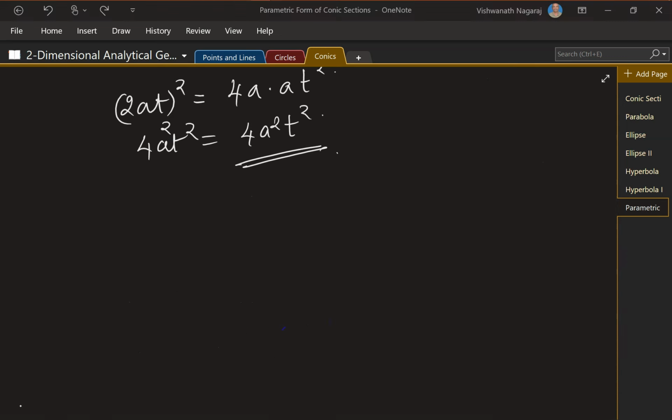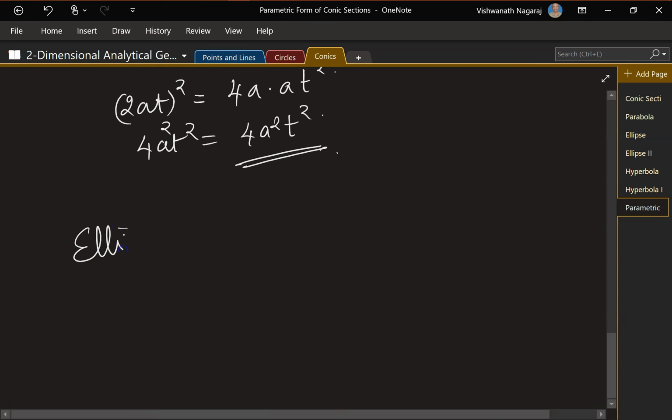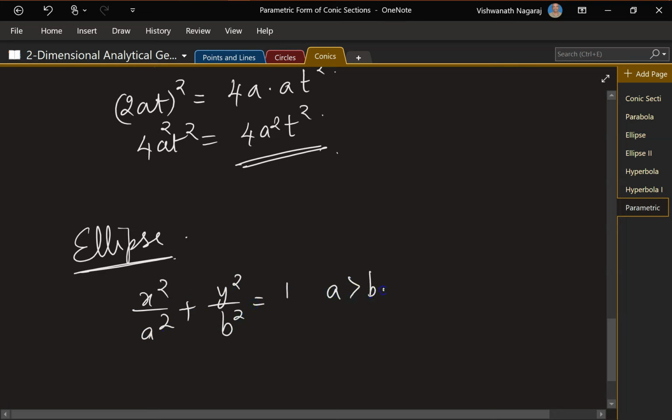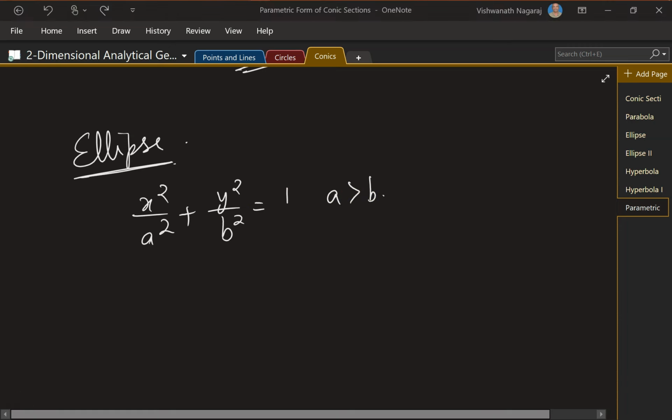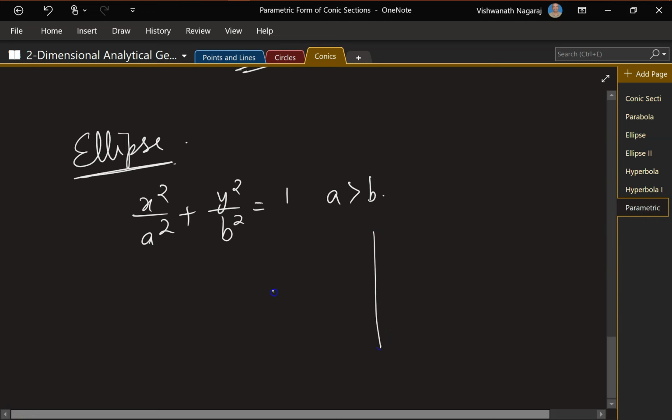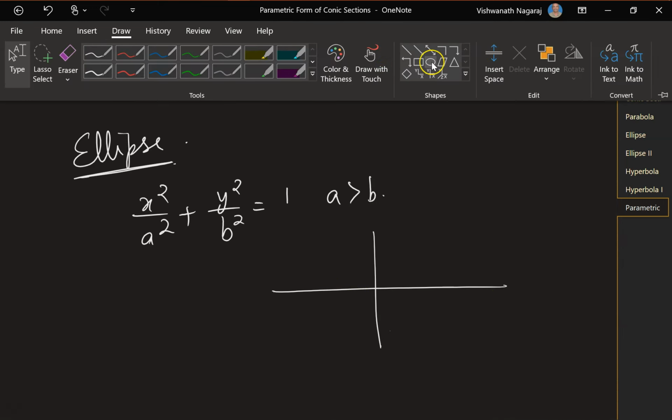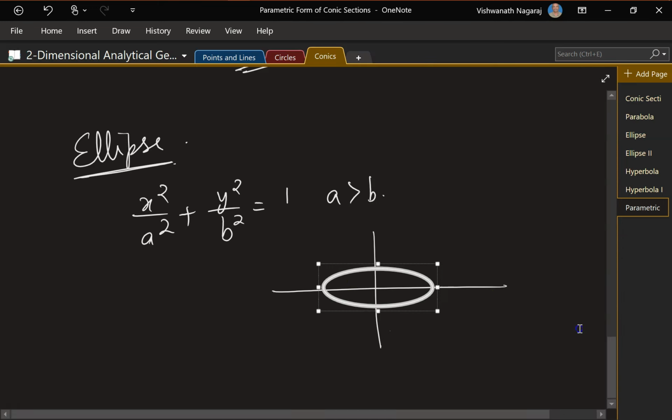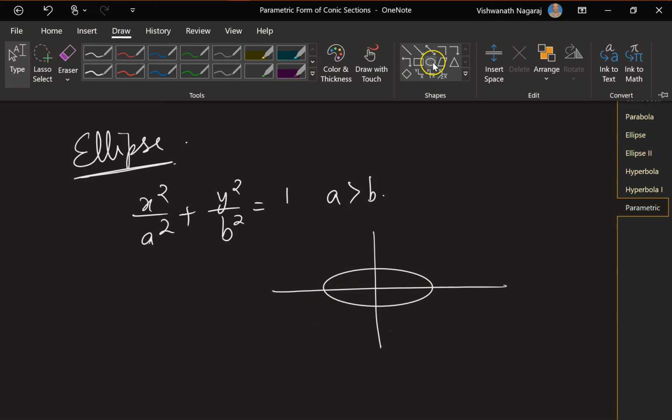Parametric equation of an ellipse. Now we know the equation of the ellipse: x square by a square plus y square by b square is equal to 1, where a is greater than b. Let's draw the figure for this. So let us say these are the coordinate axes, and our ellipse is this, and let's now draw a circle.